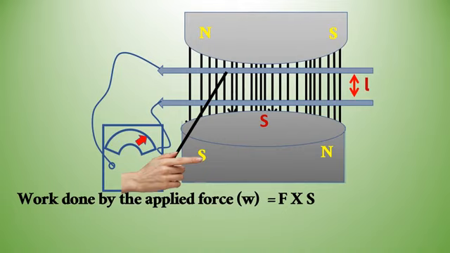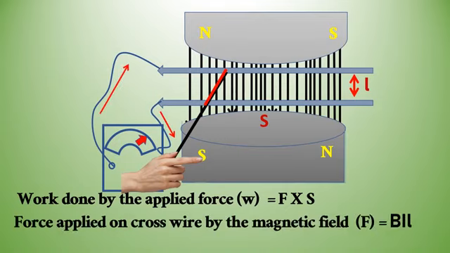It is evident that there is a current of I amperes flowing through the length of L meters of the wire in the magnetic field in this direction. The force applied on the crosswire by the field, F, is equal to BIL.